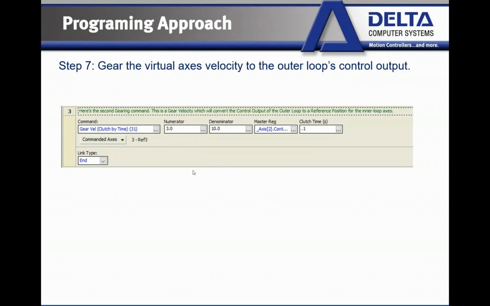This just basically sets up the ratio correctly. If you'd like to look more into this, feel free, open up the help topic here, ask a question, but just know that this sets up a nice smooth relationship between the output of the controller and the velocity. Okay, master register is going to be our axis 2 control output. That's our master's control output, and we're going to clutch with a fairly short time.